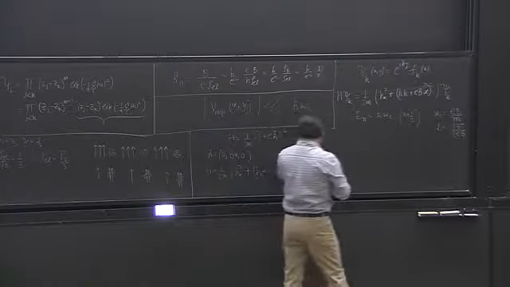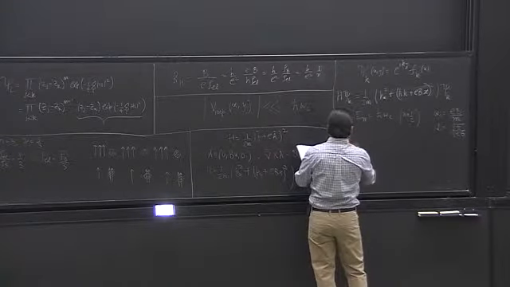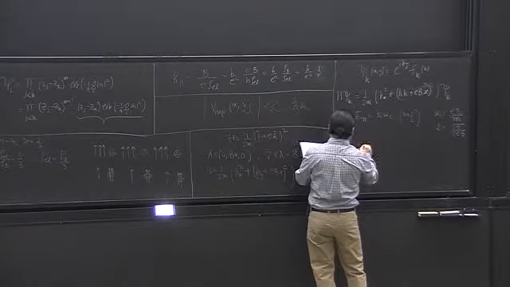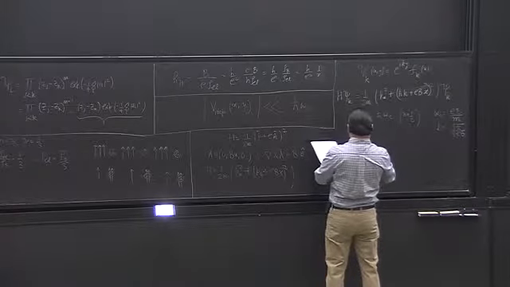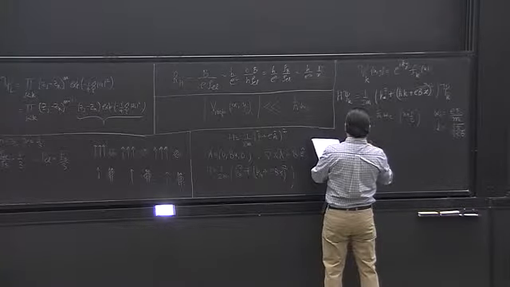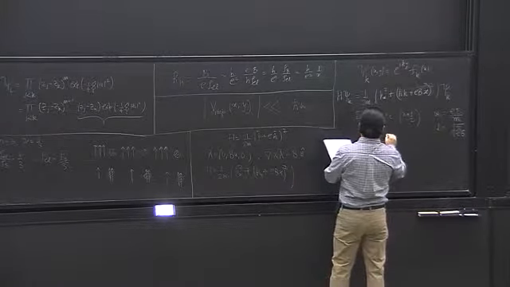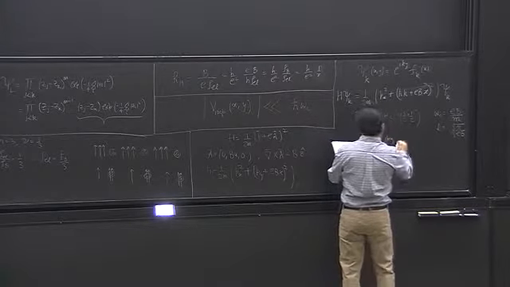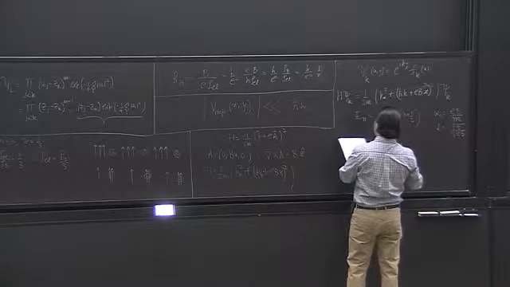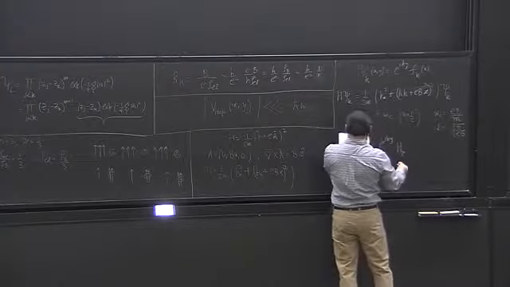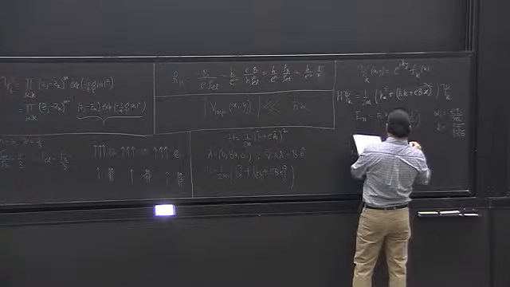You can also write down the wave functions. They are the simple harmonic oscillator wave functions, where H_n is the Hermite polynomial.